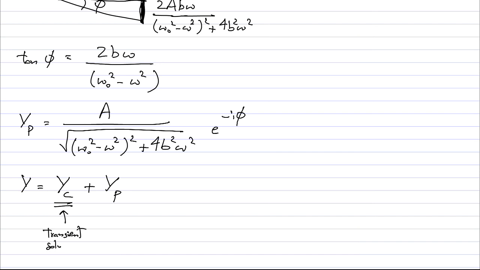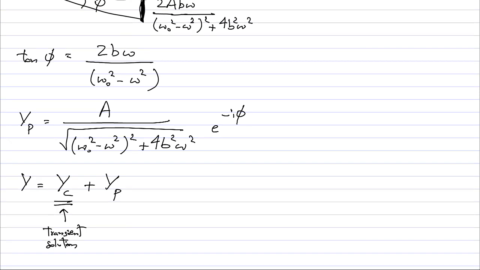The reason being that this solution effectively becomes zero at long times, because of the exponentially decaying term. The solution that corresponds to driving, notice that if there is no driving, as in capital A is 0, yp is simply 0, of course. So this solution which corresponds to driving is what you are interested in.